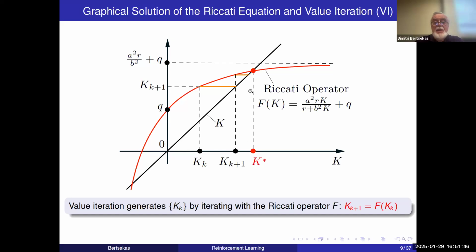Then we reflect again, and we go on in this staircase manner to generate the sequence of iterates of value iteration. And you can see here that it converges no matter where you started, as long as you started within the positive axis. In fact, it works from anywhere up to this point here. It always goes to K star.